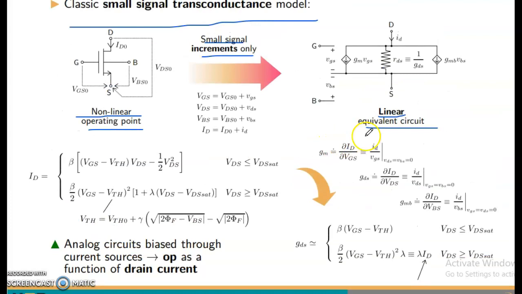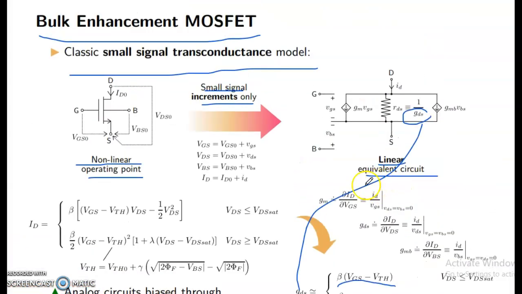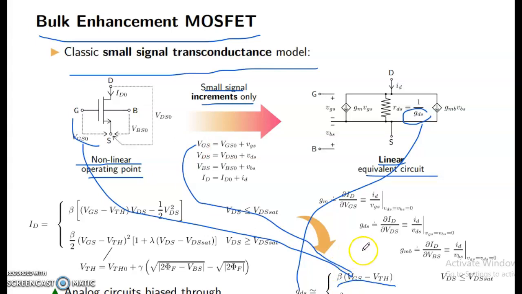In GDS, beta of VGS minus VTH. VGS is this voltage, minus the threshold voltage.